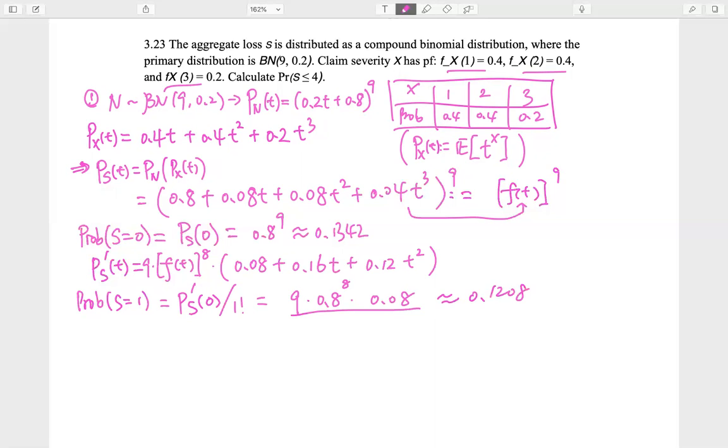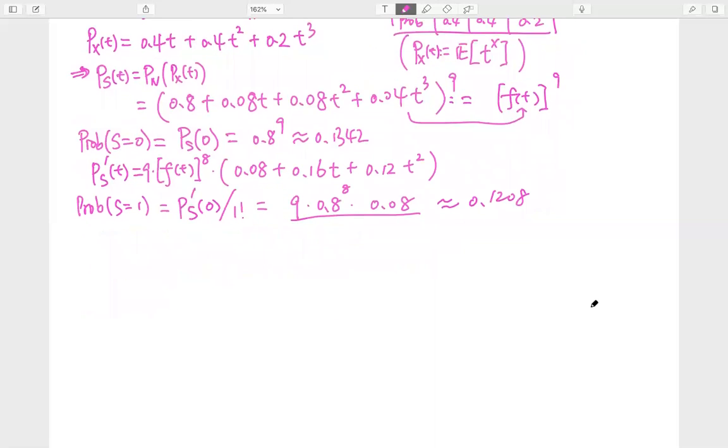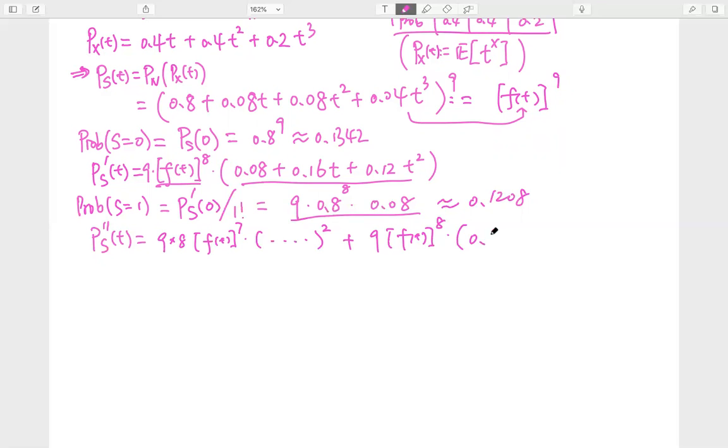Next, to know the probability at 2 we want the second derivative. Then you need to apply the chain rule. Things get more and more complicated because right now you have two terms. If you differentiate, you get 9 times 8, the order becomes 7, and this whole thing gets squared. By the chain rule, you keep the first term, then the second term becomes 0.16 plus 2 times 0.12, which is 0.24t, and then you evaluate at 0.